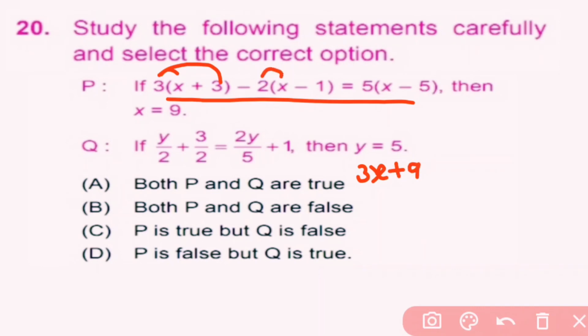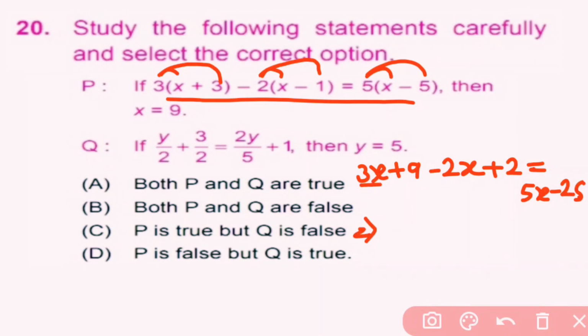Now minus 2 into x is minus 2x, and minus 2 minus 1 is equal to plus 2, equal to 5 into x is 5x, and 5 into 5 is minus 25.